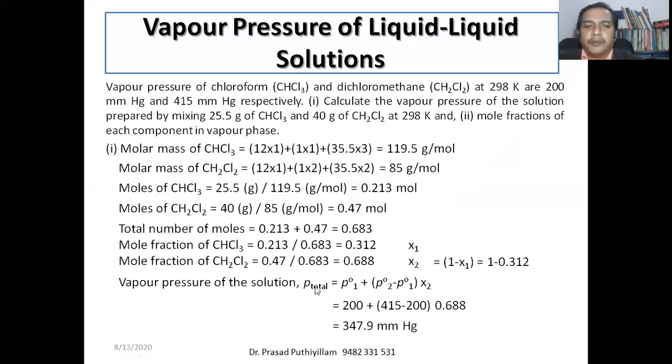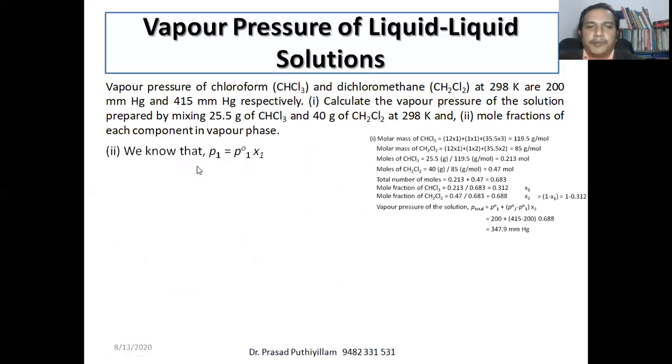Now we have P total, and we are supposed to calculate the mole fractions of the components in the vapor phase, that is Yi. We know that Pi is equal to Yi multiplied by P total. The individual components' values we know, and the total value we also calculated, therefore we can easily calculate Yi.